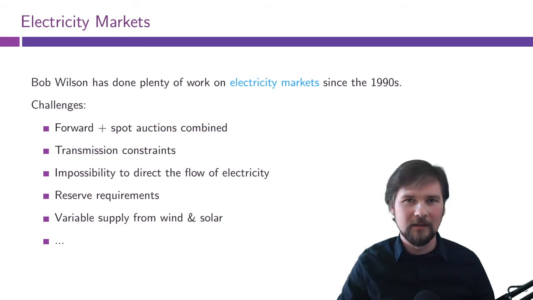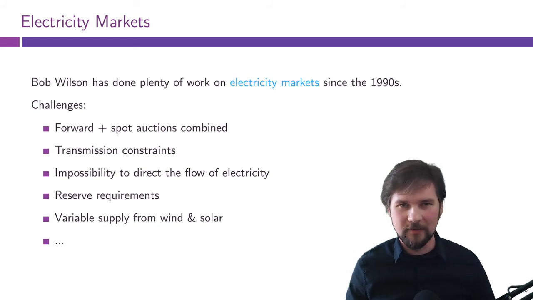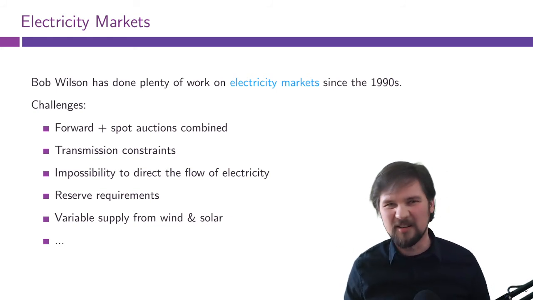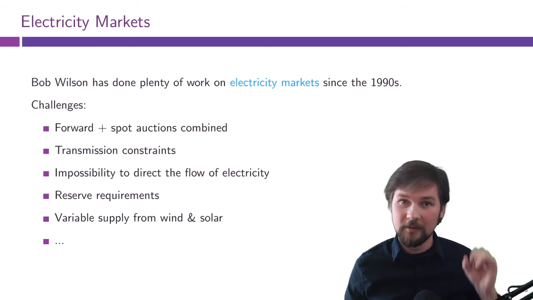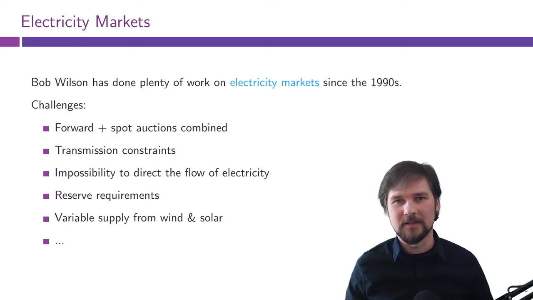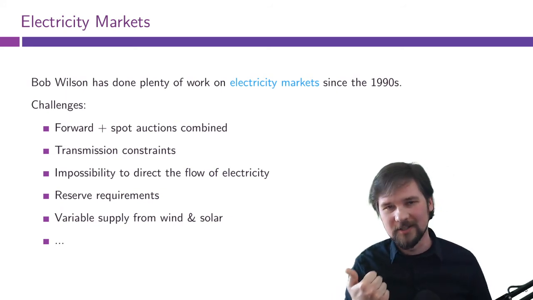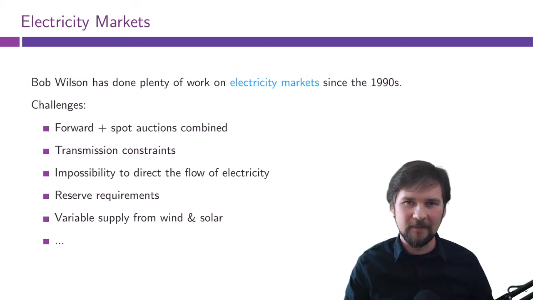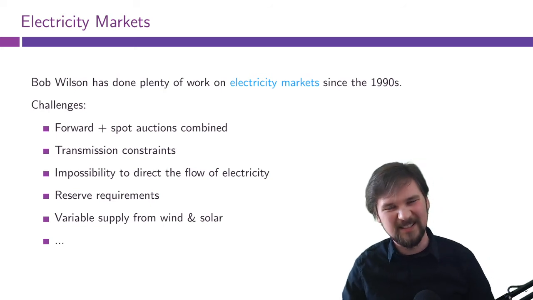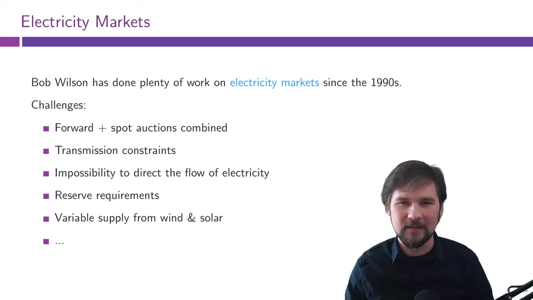You cannot sell electricity and say, I'll deliver it to you tomorrow. Oh, sorry, I couldn't do it, maybe in 2 days. No, there must be balance at every point in time. And so forward auctions and spot auctions are combined there. So you have day-ahead markets, and then you also have instantaneous markets for last-second adjustments.